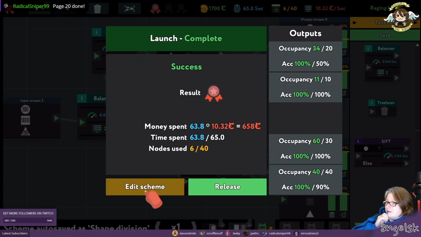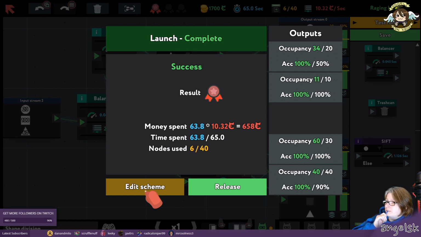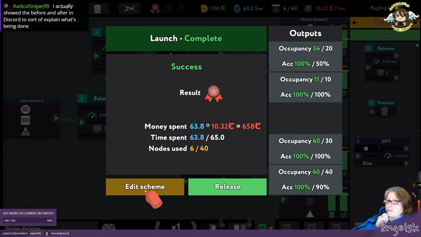Okay. It took forever. The bottom one took forever. I will have a look. I'm just not opening Discord right now.